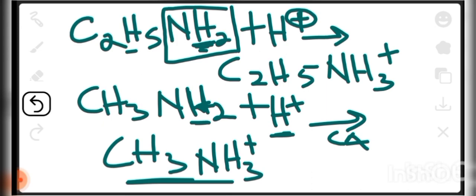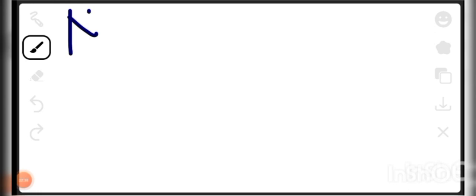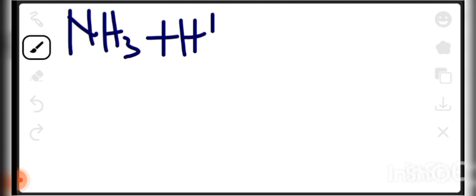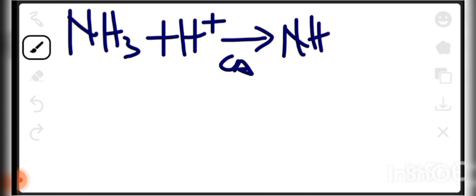Then let me look at this. Okay, let's look at ammonia, NH3. So what is the conjugate acid of this? You need to just add H plus. Then the conjugate acid becomes NH, H3 plus H, that is H4.